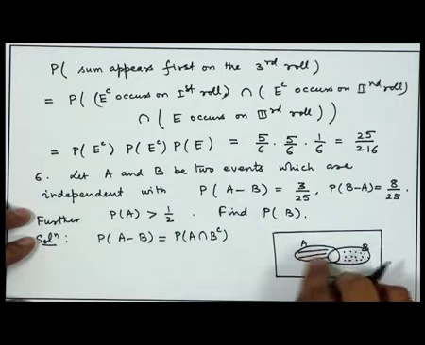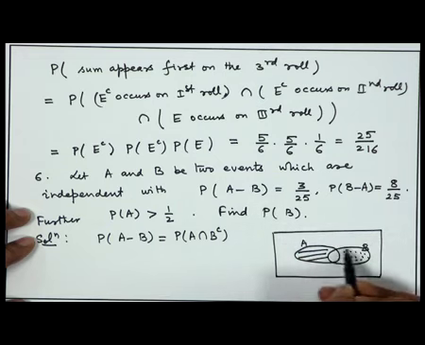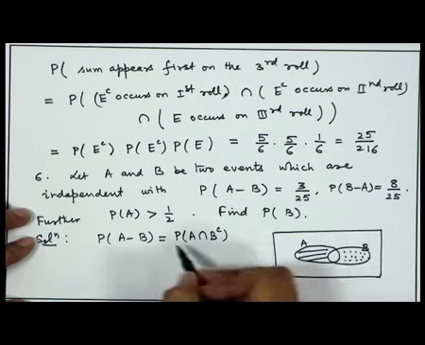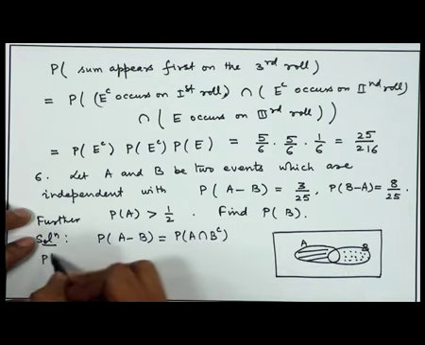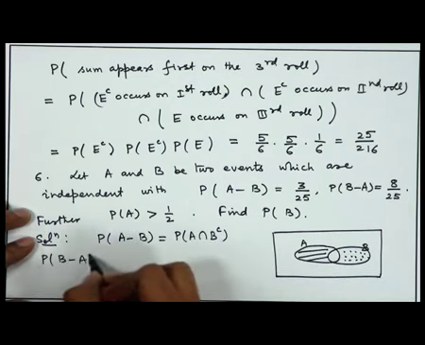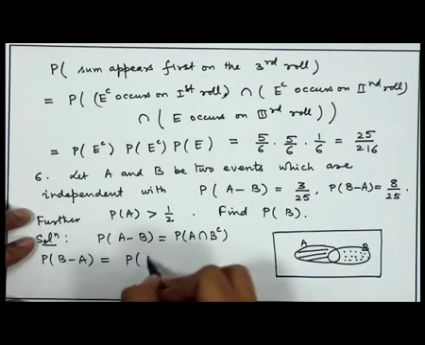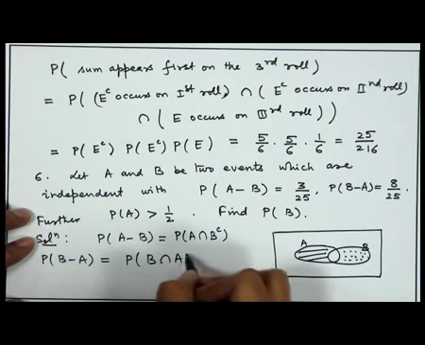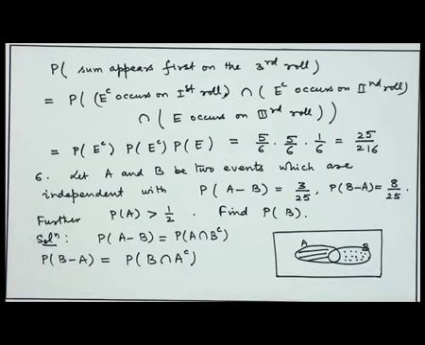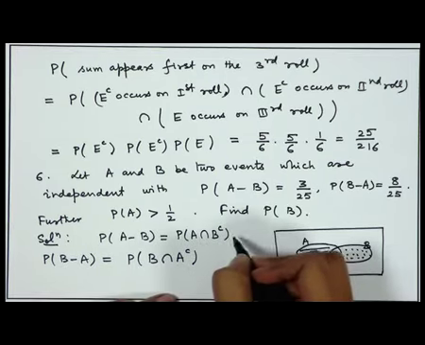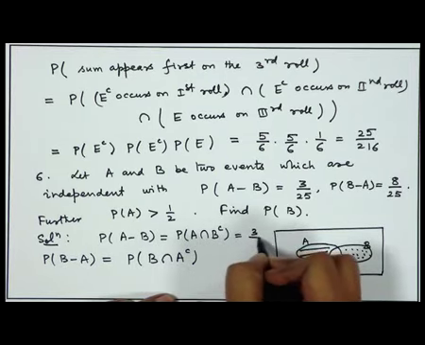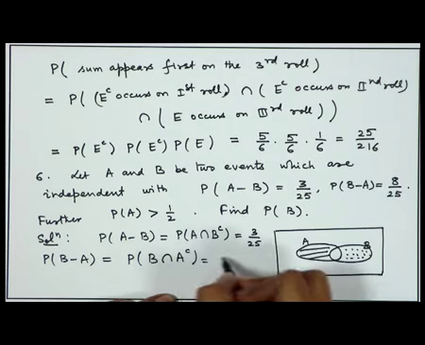You can see from here: if I take B complement here, then that is the external set, and taking intersection with A will give me this region. Similarly, B minus A is equal to probability of B intersection A complement. These values are given to us: this is equal to 3 by 25 and this is given to be 8 by 25.